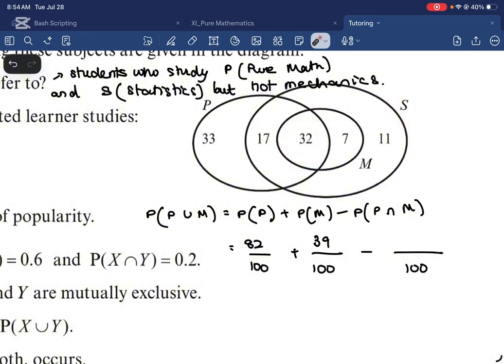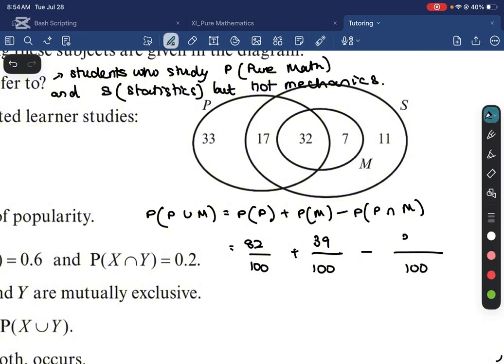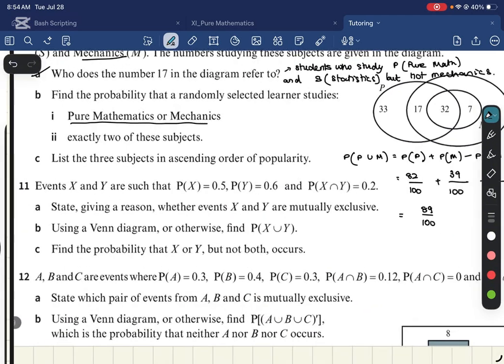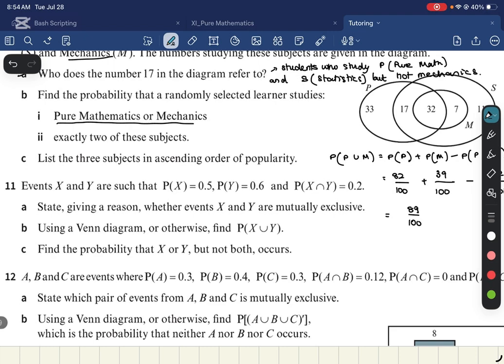So we need to figure out how many students study pure math and mechanics. But it looks like all the students who study pure math and mechanics also study statistics. So you just need to subtract 32 over 100. All right, so 82 plus 39 minus 32. That gives you 89. So your solution is 89 over 100. All right, so that is the solution to B I.